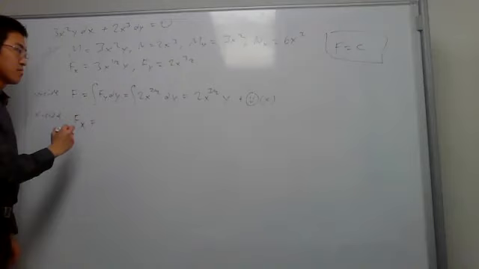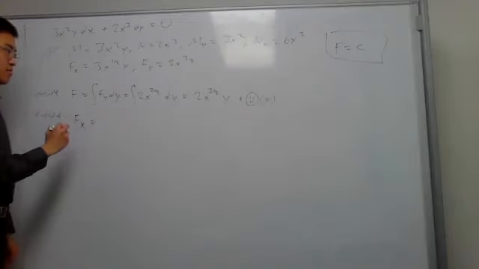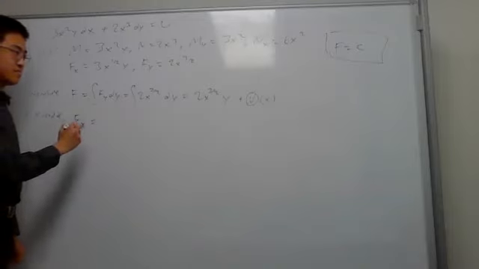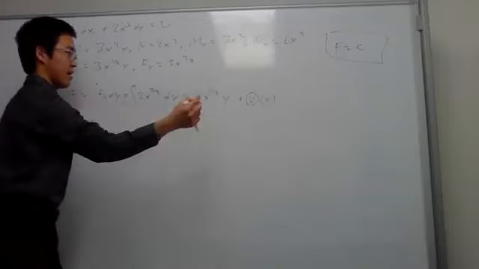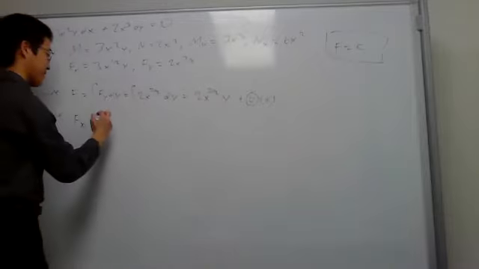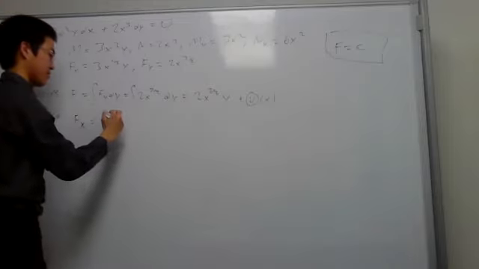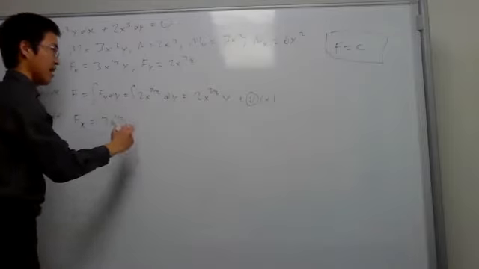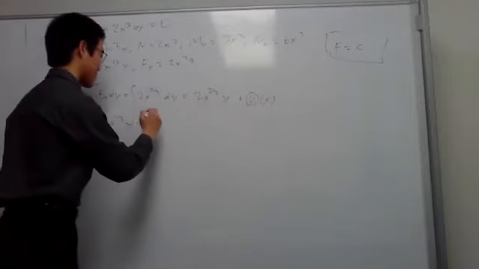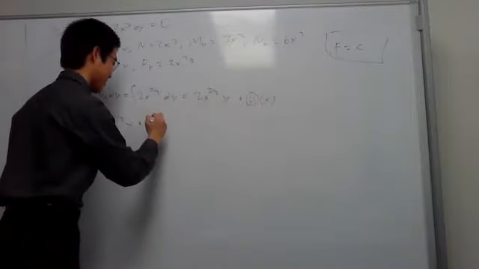We bring the exponent to the front, we take this guy, 3/2 times 2, and subtract 1 from that. And then what about Smiley? Smiley prime.